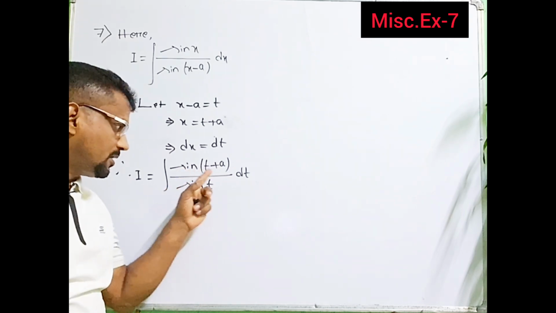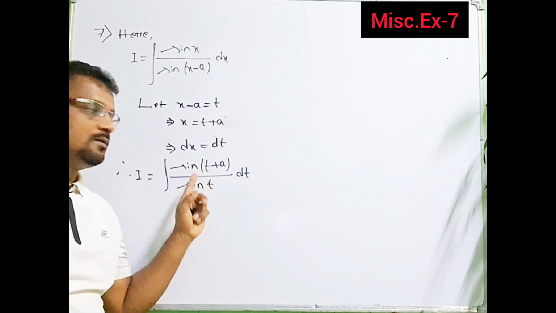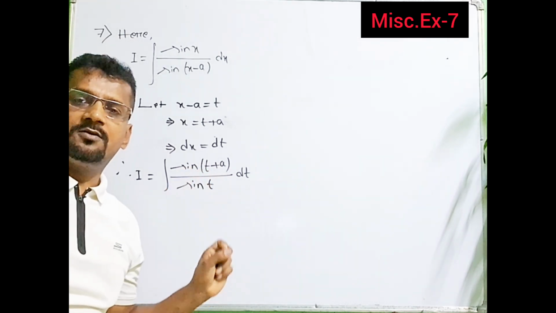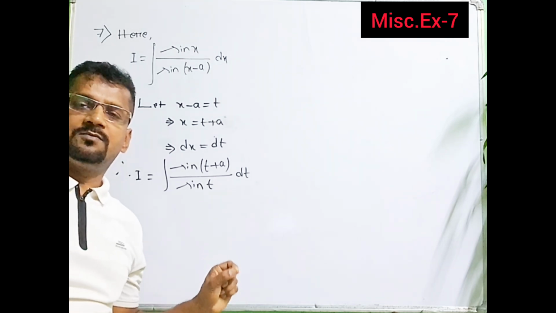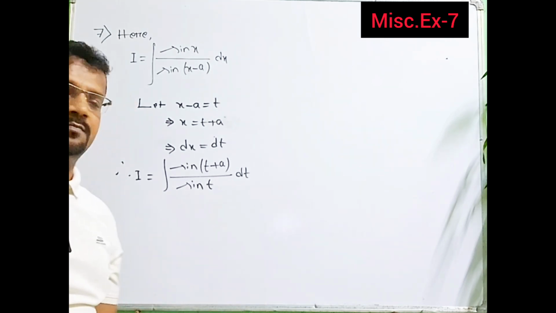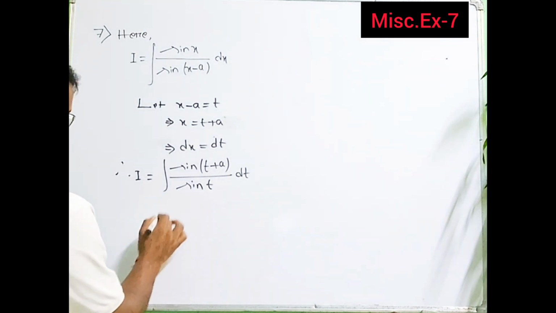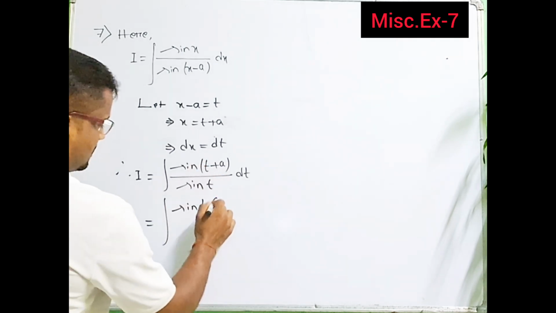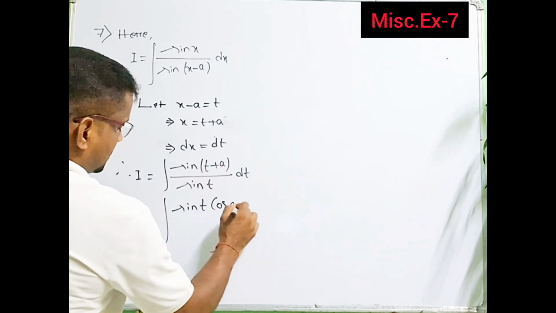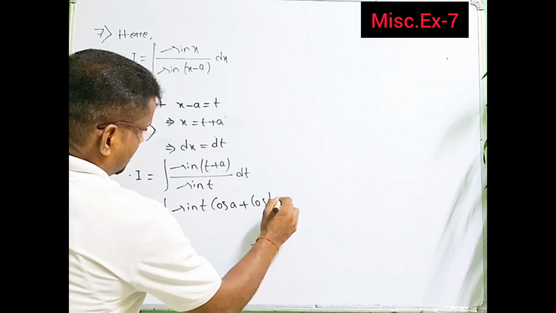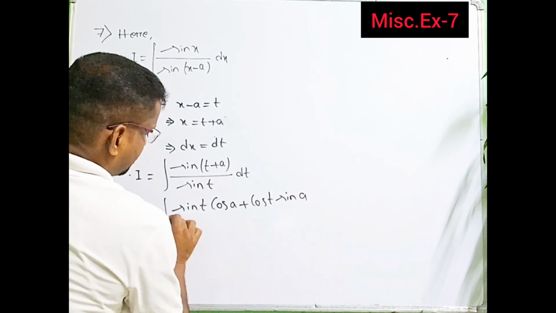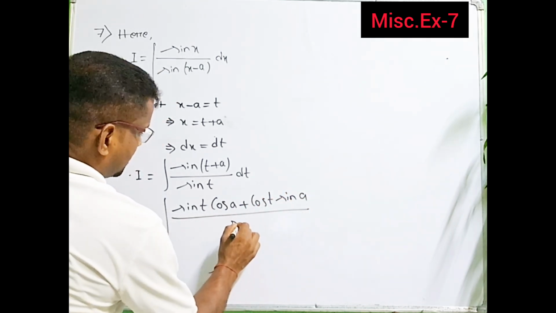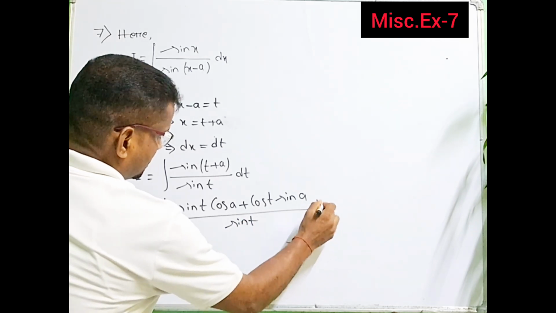Then you just have to expand sin of t plus a using the formula sin of a plus b, which is sin a cos b plus cos a sin b. So if you write it, then sin t cos a plus cos t sin a, whole thing divided by sin t dt.